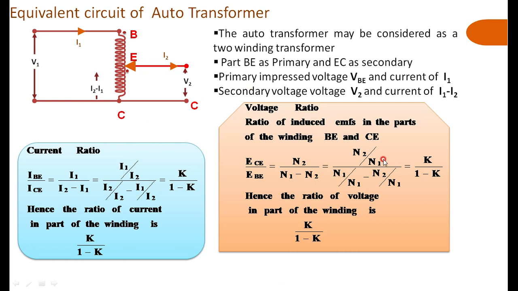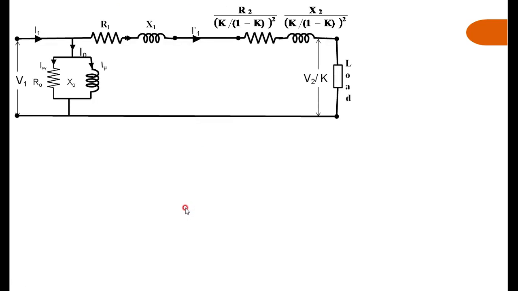Once again, I am dividing by N1 in both numerator and denominator, so that N2 by N1 is K, and N1 by N1 is 1, and N1 minus N2 by N1 is 1 minus K. Means the voltage ratio and the current ratio in the auto transformer is K divided by 1 minus K.